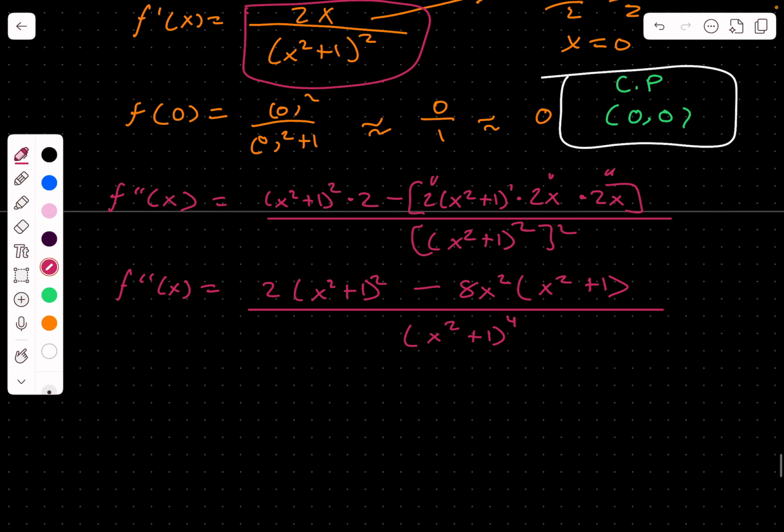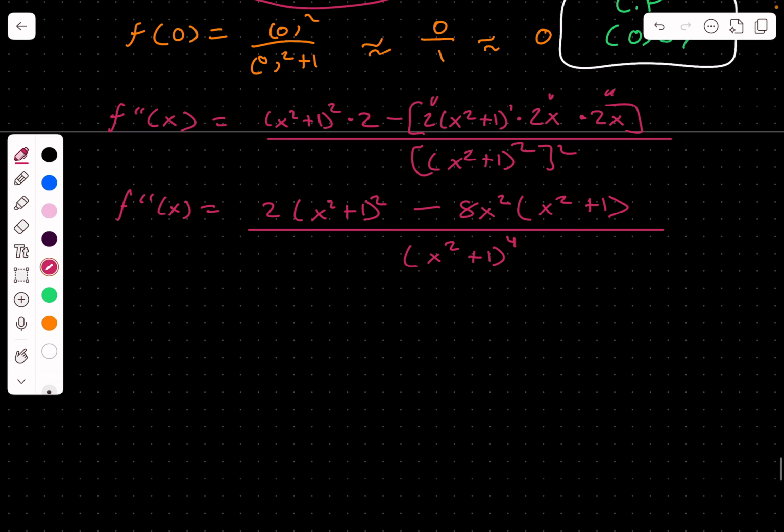Now, if you notice something, we can factor out these guys and then cancel them. So let's do that now. We have f double prime of x equals, let's be careful with what we're doing. We can pull out a 2, and we can pull out this whole little expression here, x squared plus 1, by the multiplicity of 1.